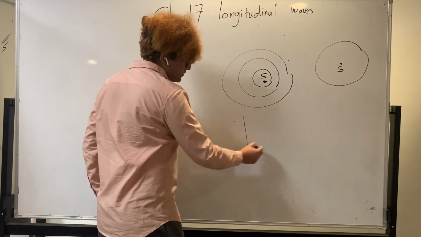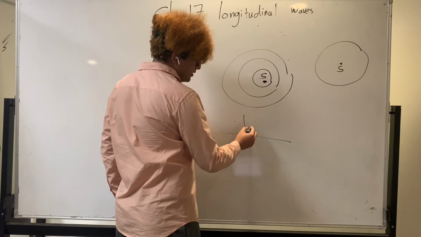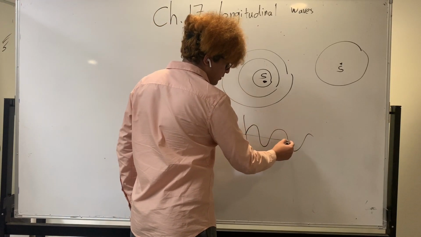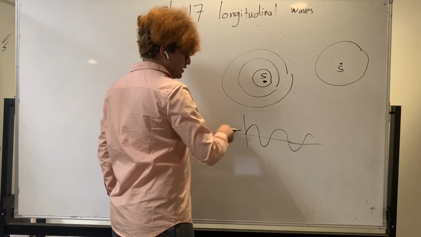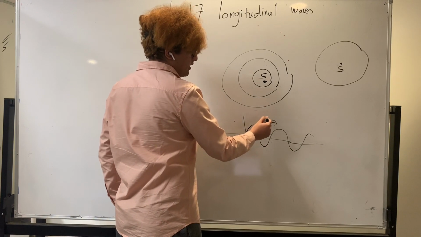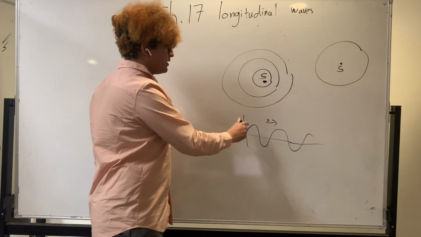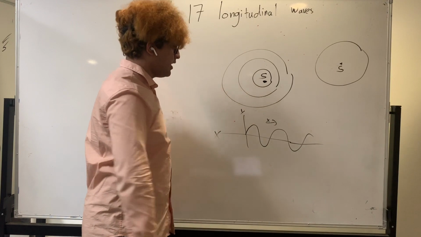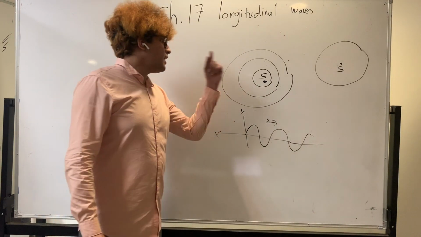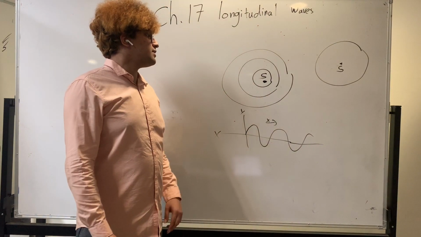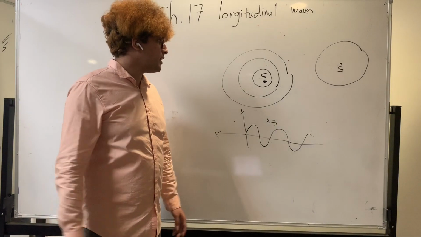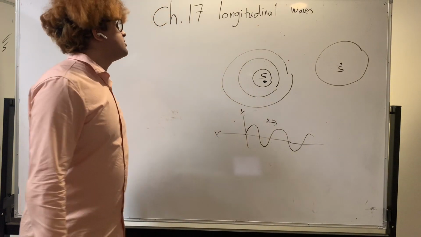The transverse waves, the ones we took last chapter, spread in a 2D direction, like in a Y and X coordinate system. But sound waves are different. They spread in a spherical manner. So this is the first thing you need to know.